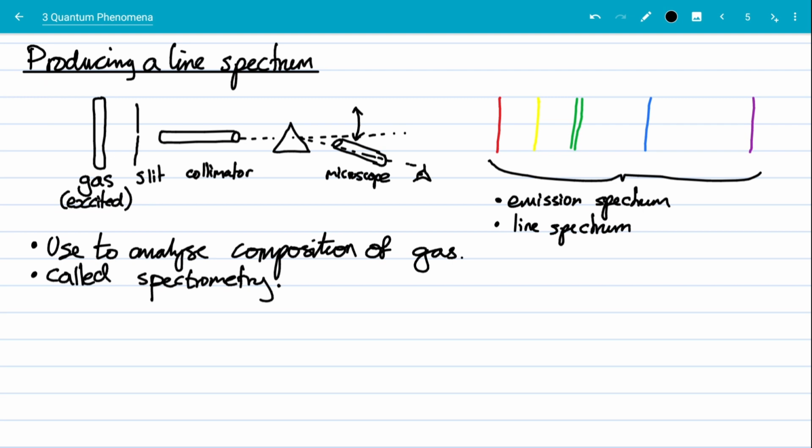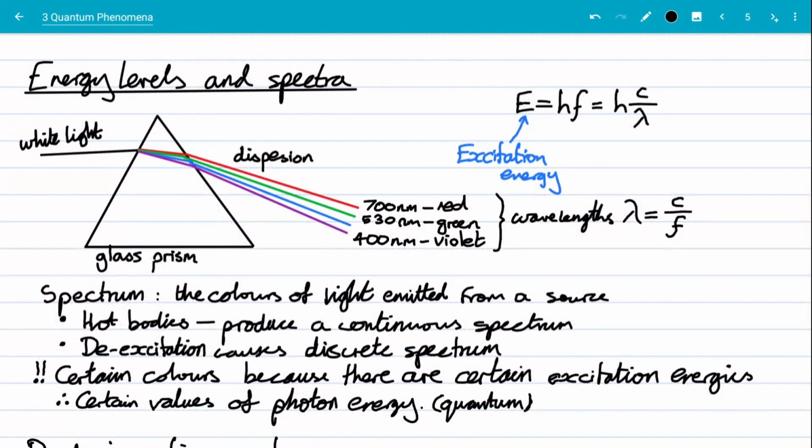But that will come up later when we look at waves and we learn an equation for the diffraction. Anyway, we already know that the excitation energy, I should probably point out somewhere, is the difference between energy levels, but that's from the previous lesson. So I'll just leave that there. It's caused by electrons moving down an energy level.